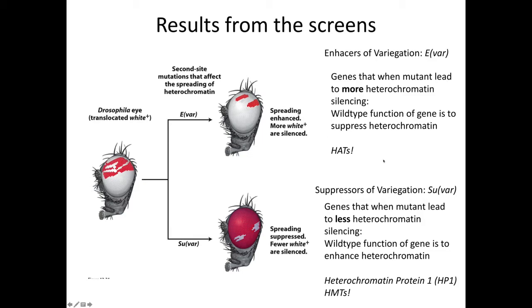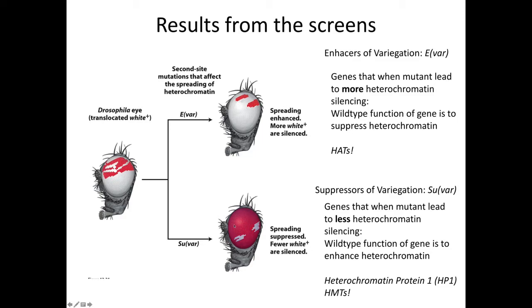Okay, so the genetic screen identified these enhancers of variegation, and what did they find them to be? They found them to be histone acetyltransferases, those genes involved in activating chromatin by putting acetyl groups onto the histone tails. Now, in the opposite screen, the suppressors of variegation identified genes that, when mutant, lead to less heterochromatin silencing. So in these particular eyes, there's less heterochromatin.